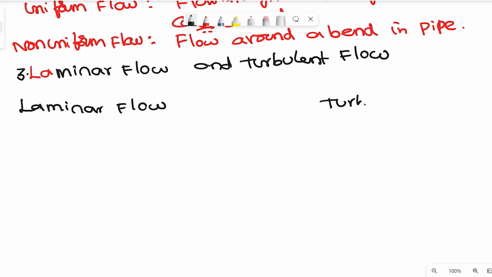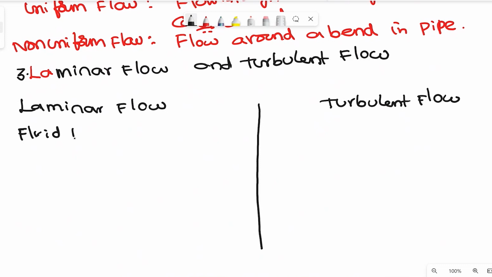On this side, I will write turbulent. Here in laminar flow, the fluid particles move in layers.